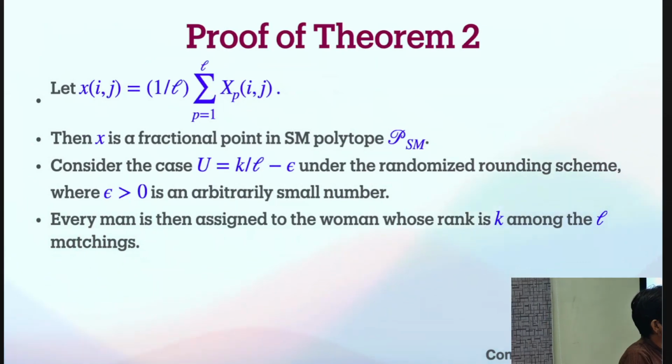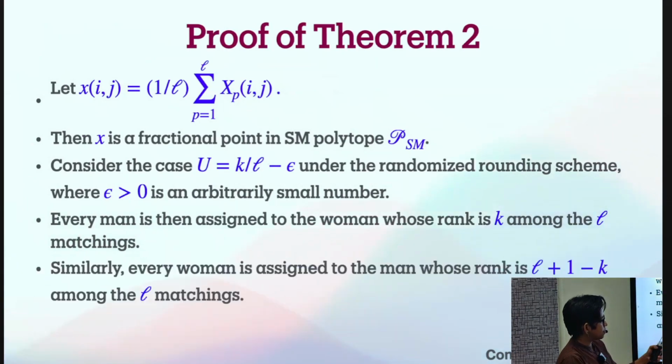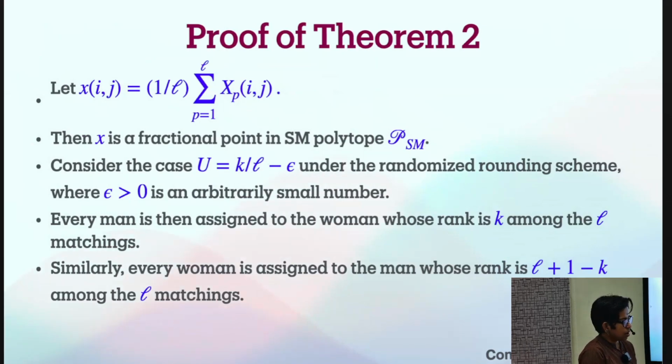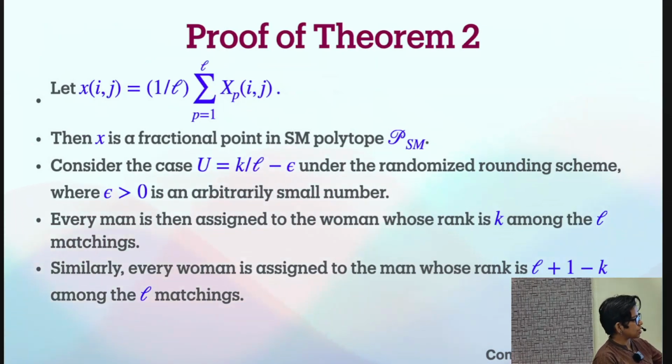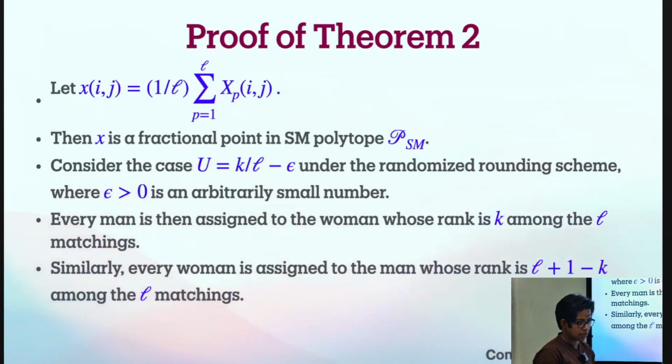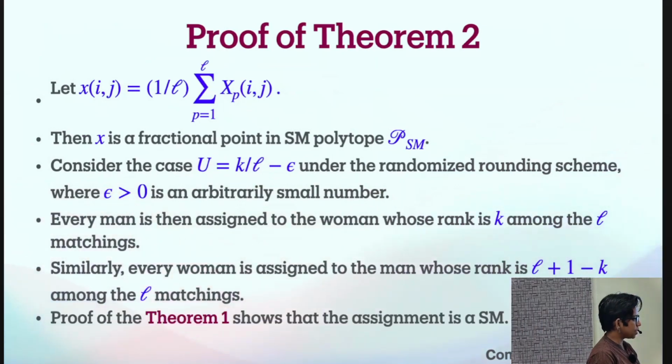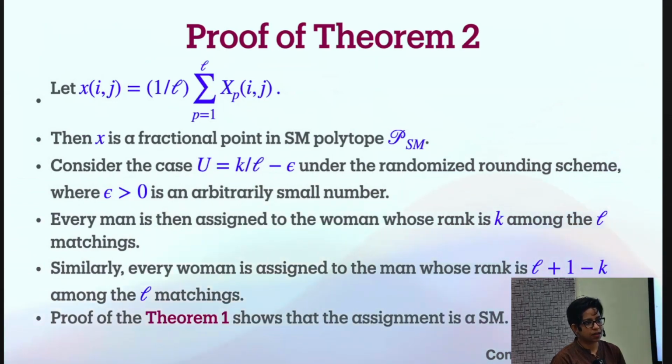So this overlapping property allows us to say that if this is the kth partner for this woman, it is the kth partner of that man, then this man is that woman's L plus 1 minus kth partner. So basically that shows that theorem.